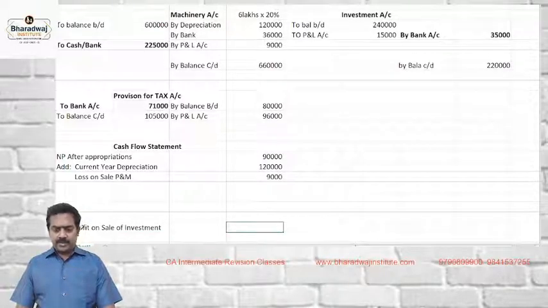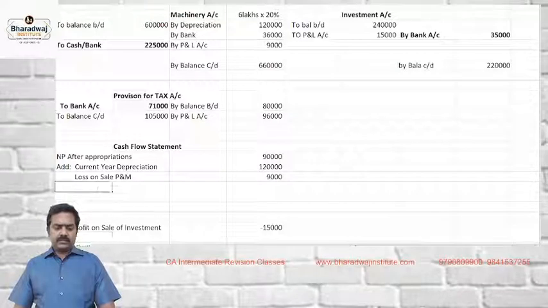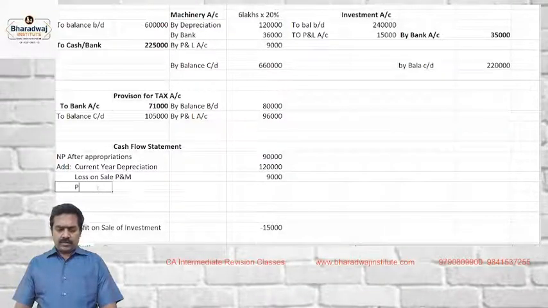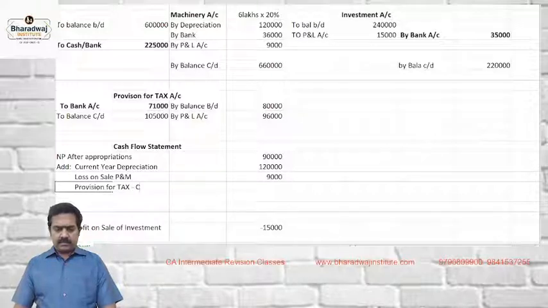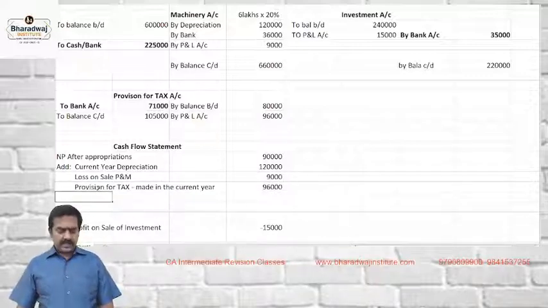So how much? Minus 15,000. What is the provision for tax made in the current year given in the adjustment? 96,000.